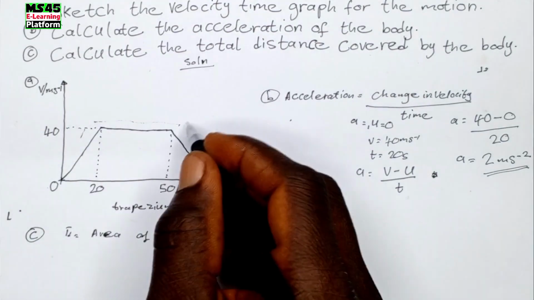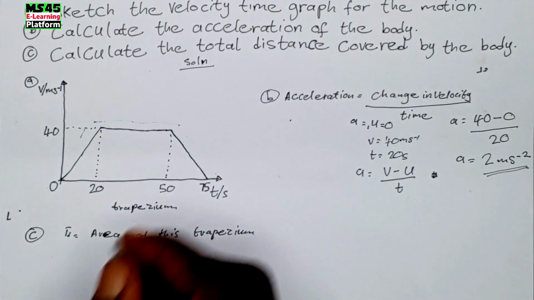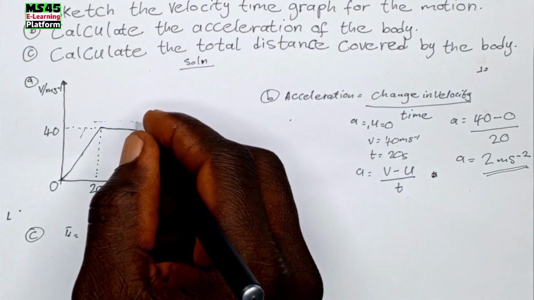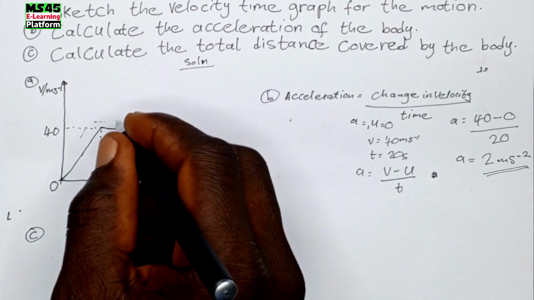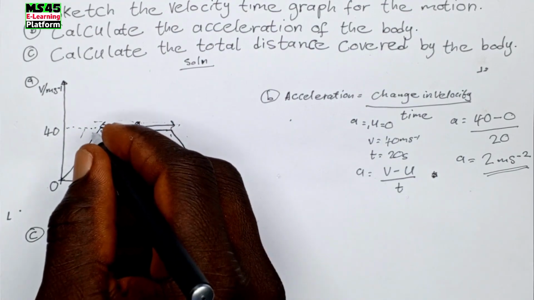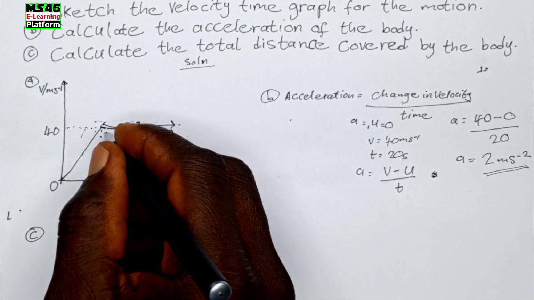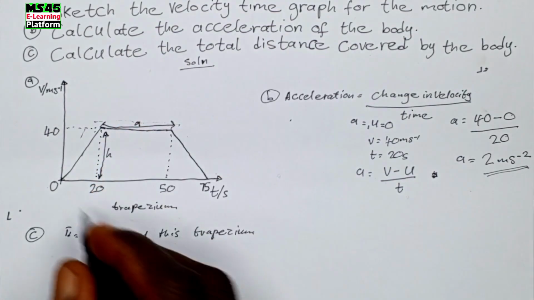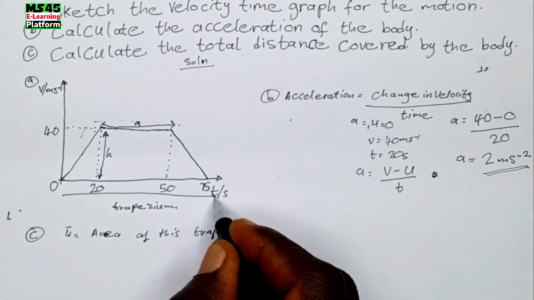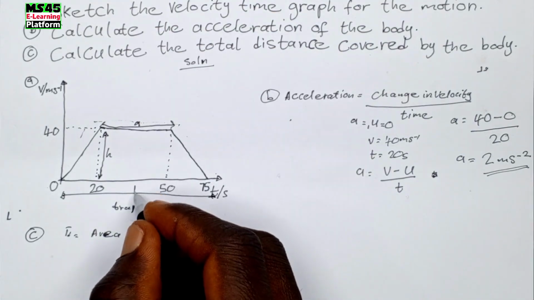Let's assume this length will be equal to a, this length here will be equal to h, and here will be equal to b.